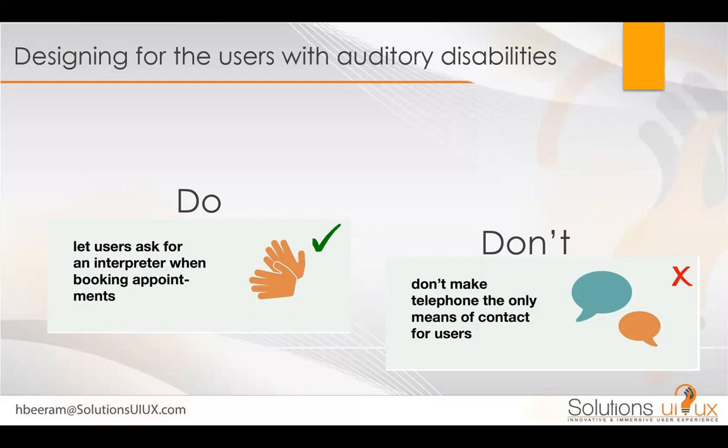Let's do this, right? If your application or site lets the users ask for an interpreter when booking an appointment or something like that. So if you don't provide some of the accessibility services directly on the site, you can at least give them an opportunity to call, or some other means to be able to do the tasks that they have come to your web application or your organization for.